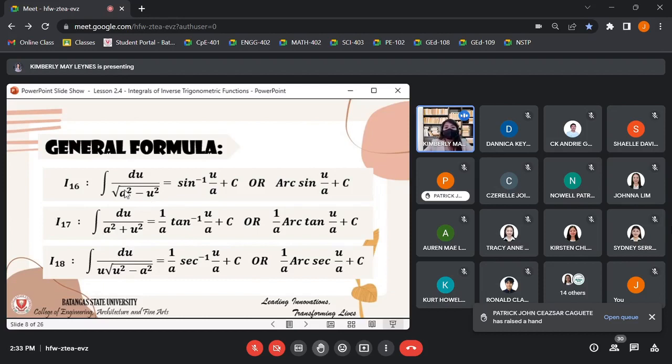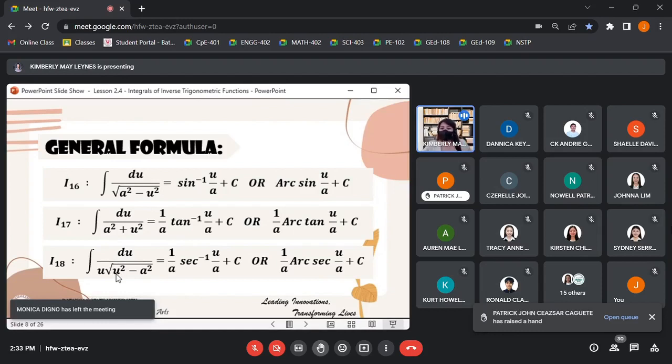Tapos yung a squared naman po natin is yung may constant natin. Okay? So makikita natin laging dalawang term lang yung denominator natin. Ibig sabihin, binomial lang siya, a squared, yung isa, u squared lang po.